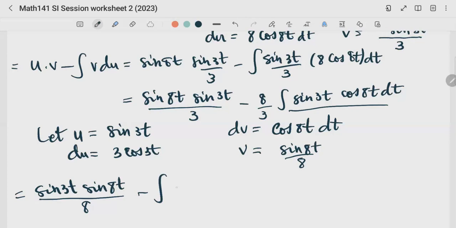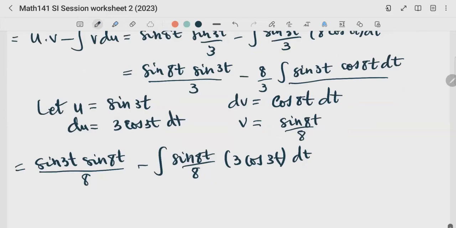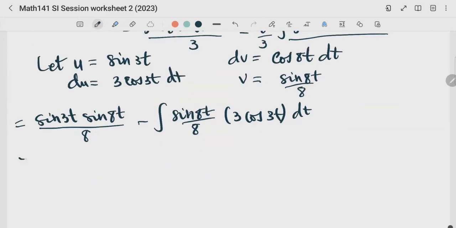the integral of v du, which is the integral of sine 8t divided by 8 multiplied by 3 cos 3t times dt. Once again, we can take out the 3 over 8.